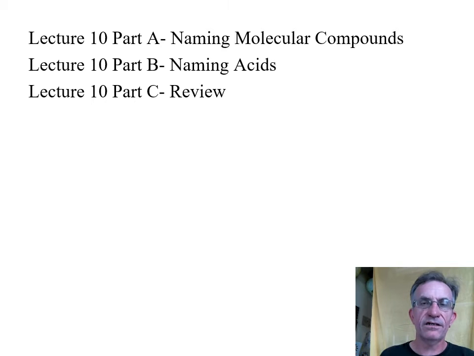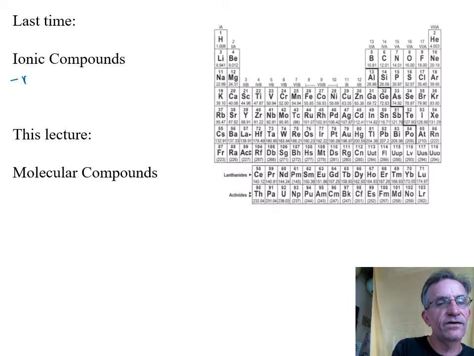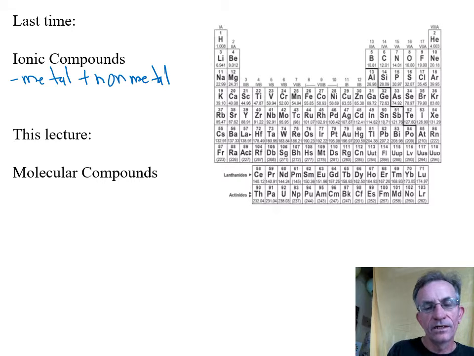And right now we're going to start learning how to name molecular compounds. So before we do that, let's remind ourselves, what was an ionic compound? What did we talk about last time? Well, an ionic compound is a compound that's made up of a metal plus a nonmetal. Remember how there's this staircase here?